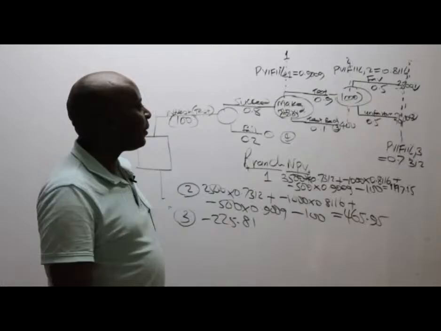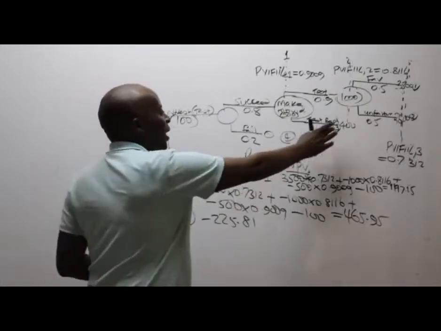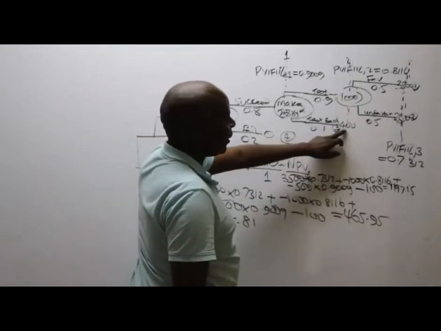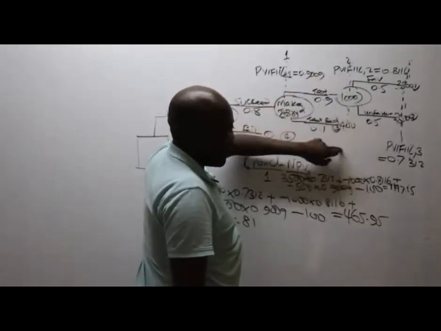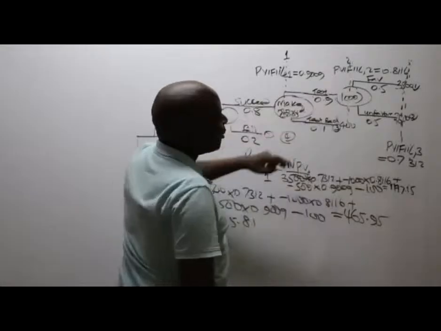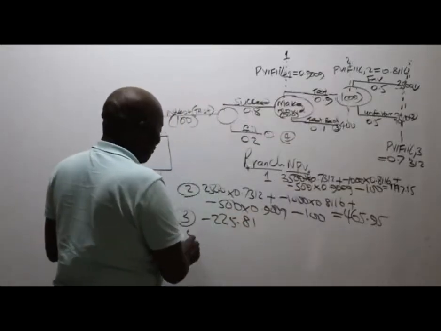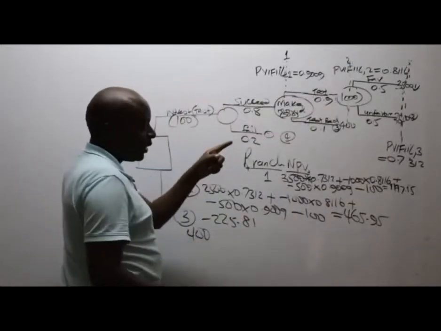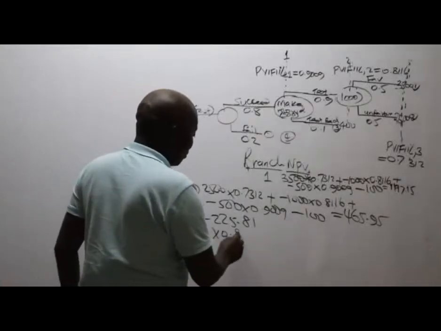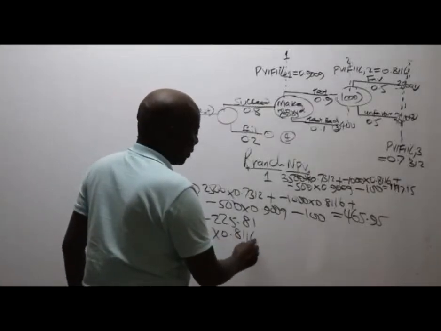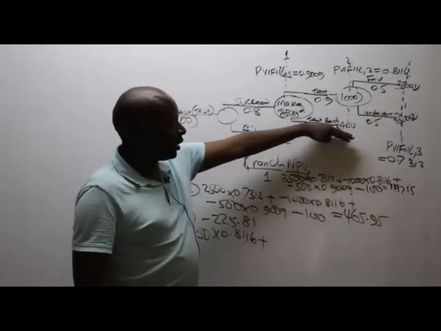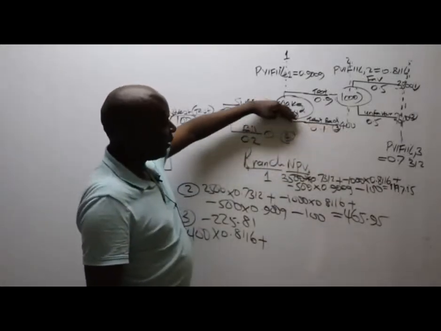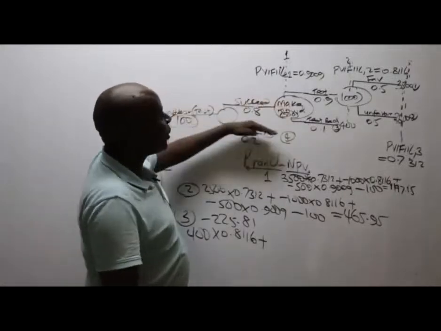So for branch number 3, where is branch number 3? It is here. Branch number 3, I can see the first figure is 400, whose discounting factor is up here for year 2. So we have 400, positive, remember, 400 times the discounting factor, which is 0.8116, plus, so long as you see yourself as a Subaru person, this is the road.